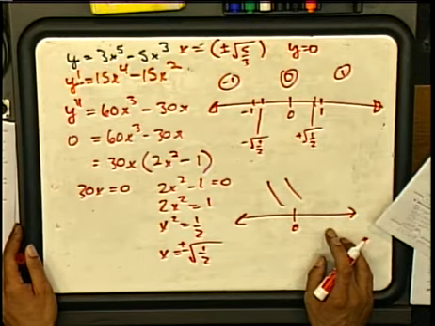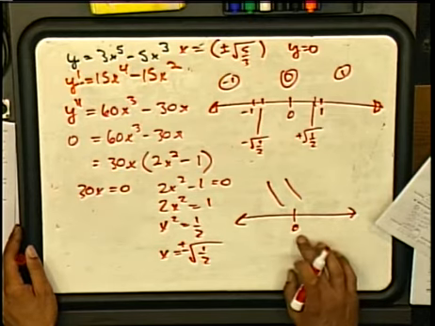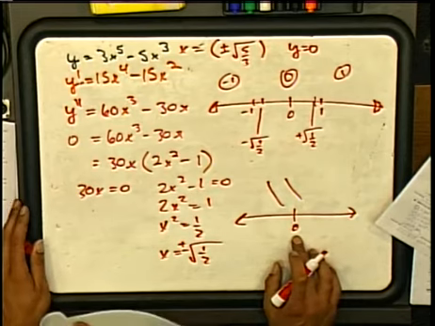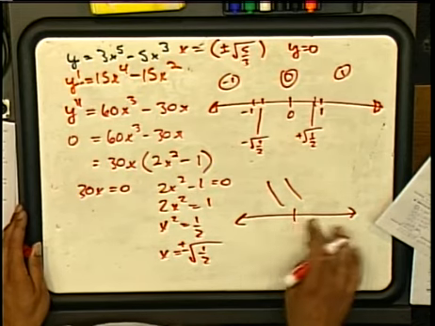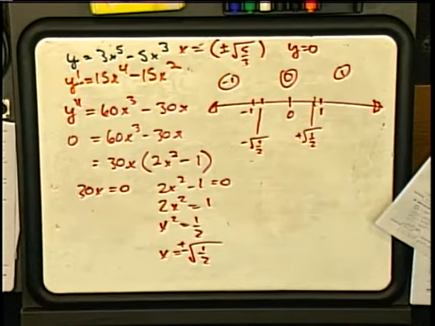We didn't use 0, did we? Negative 1/2 and plus. For a critical point, we didn't use 0. We just used -1 and 1. But we see how we split an interval up with 0.